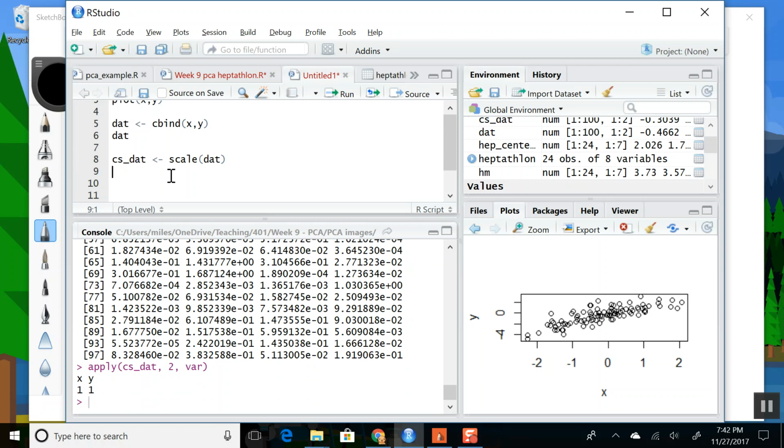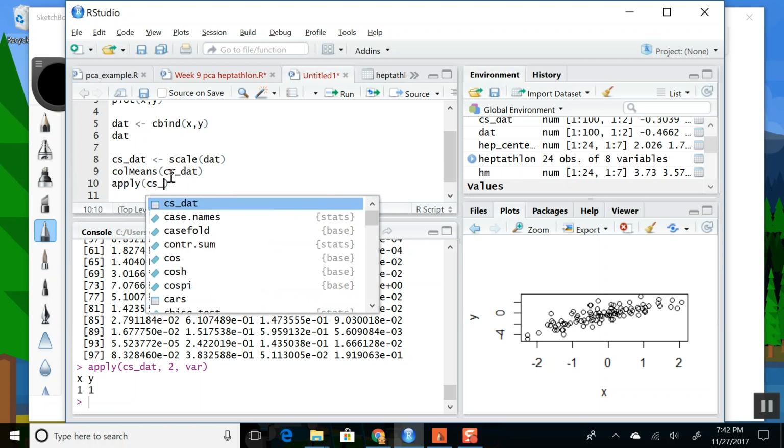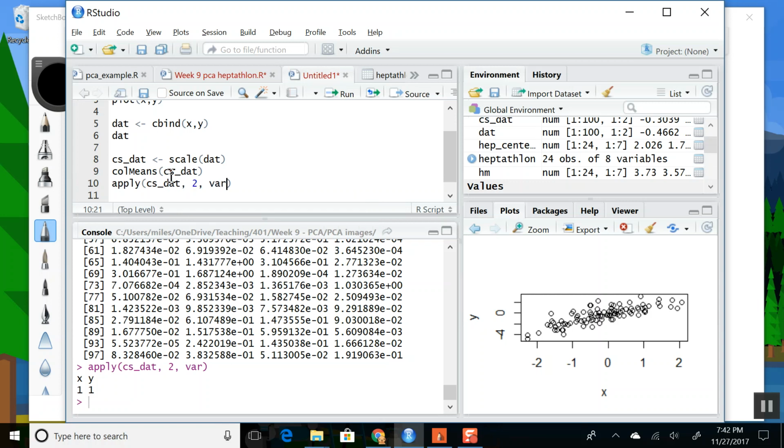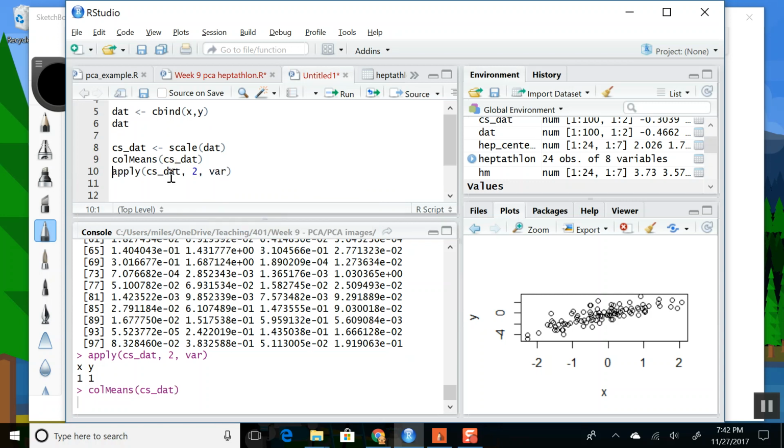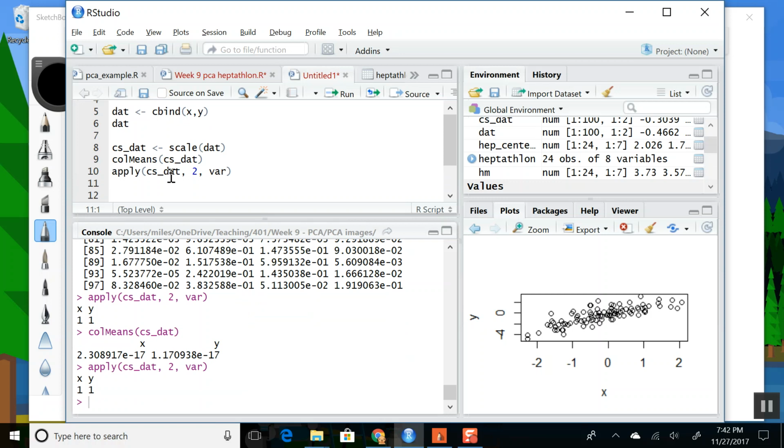So columns have a mean of 0, columns have a variance of 1.